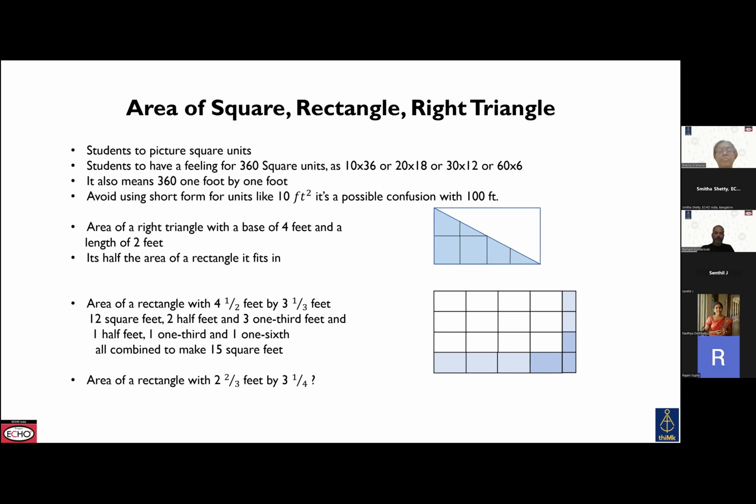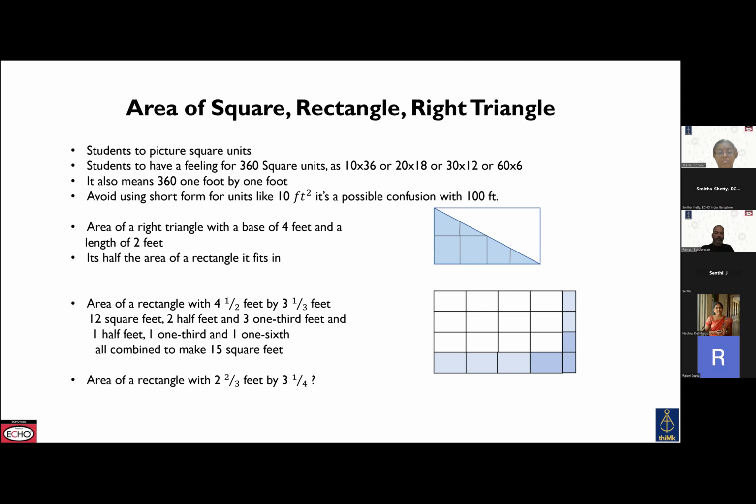By this time they would have also been introduced to fractions. So what does one whole mean when you have to use all three options, like a half, a 1/3, and 1/6? How is that different?